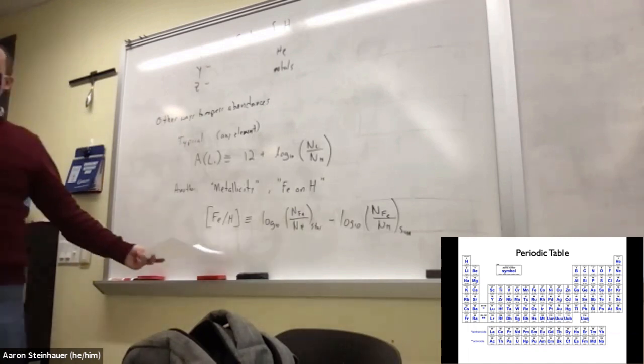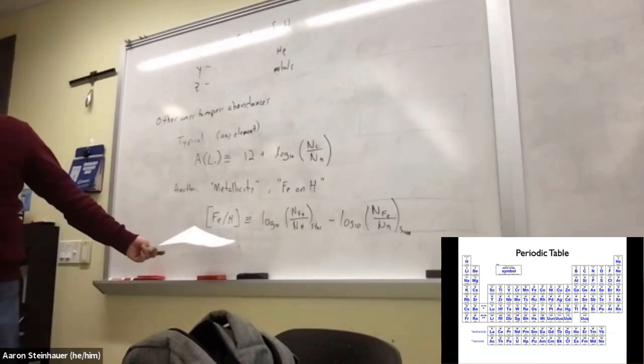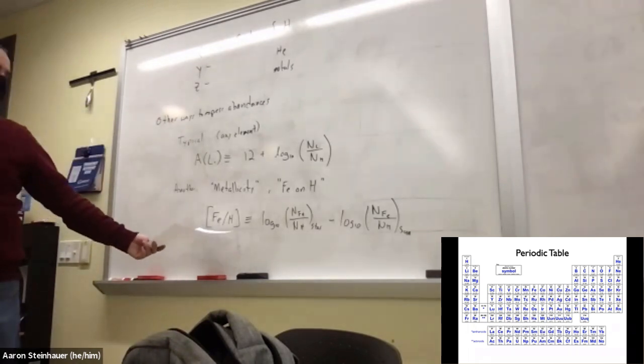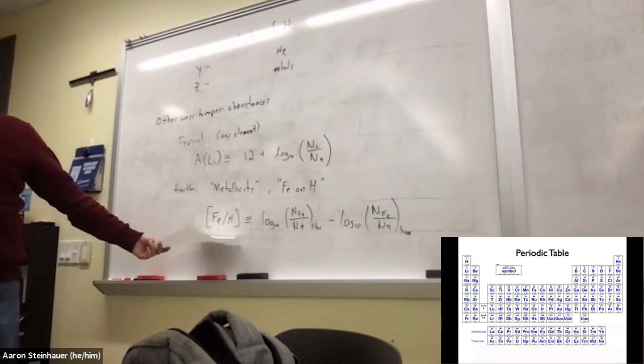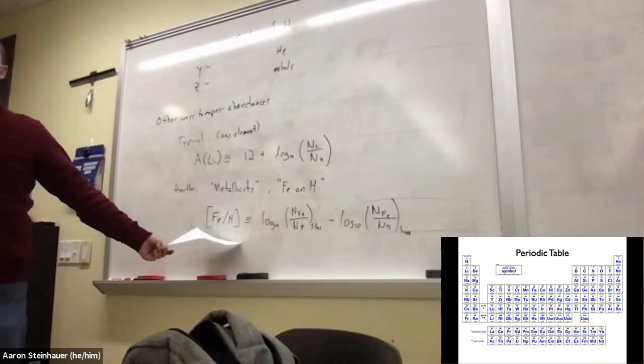Yeah, but this is basically a proxy for age, certainly if you go to very, very metal poor stars, and we have seen some very, very metal poor stars, like [Fe/H] of -5, of -7. That's a log scale. That -7 is 10 million times less iron compared to the sun.